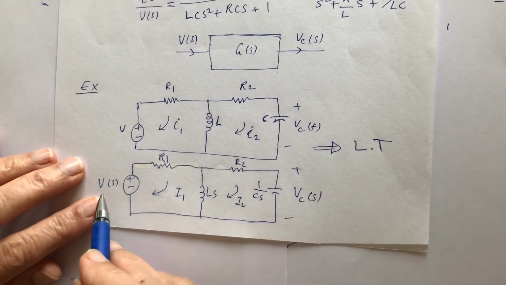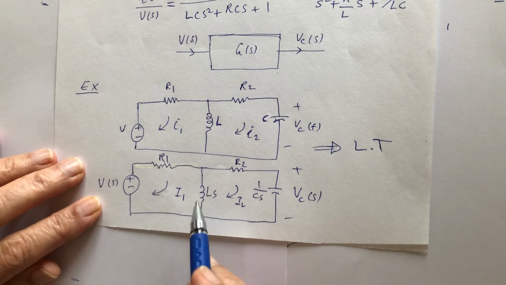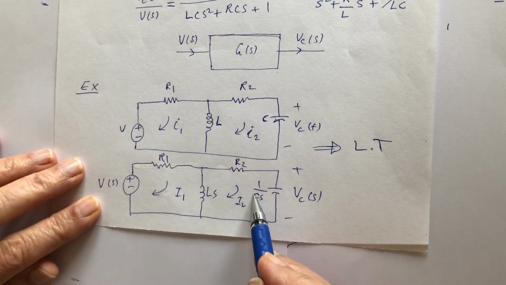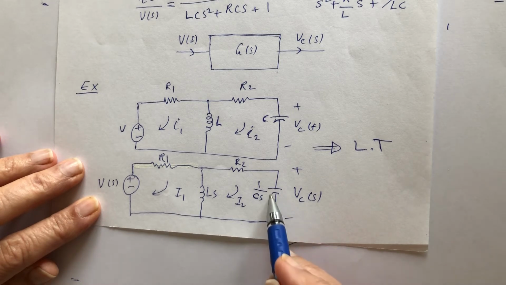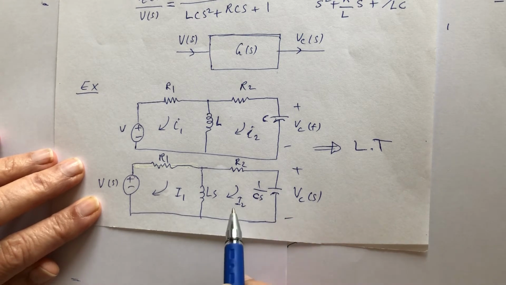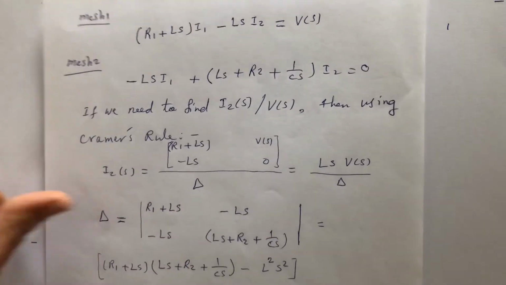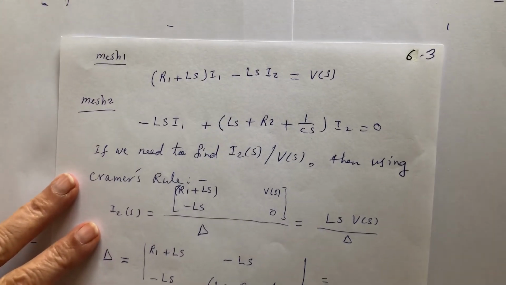So I say V of S, this is R1, this is LS, this is R2, this is 1 over CS, okay? If you want the output to be VC, fine, but I will take the output to be I2 now, okay? Now we write the meshes.